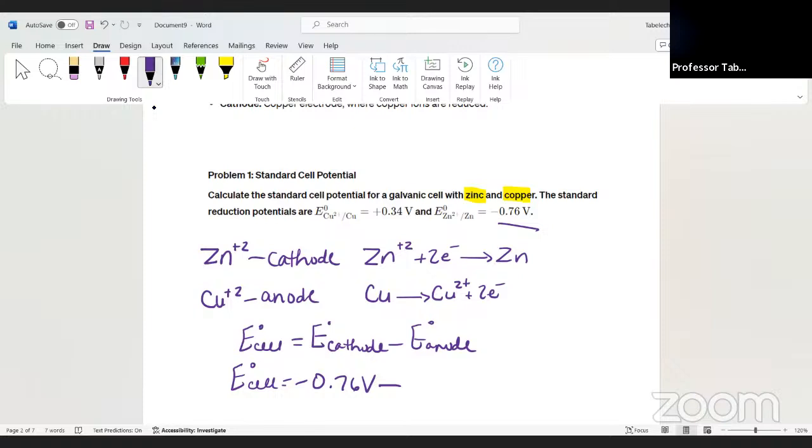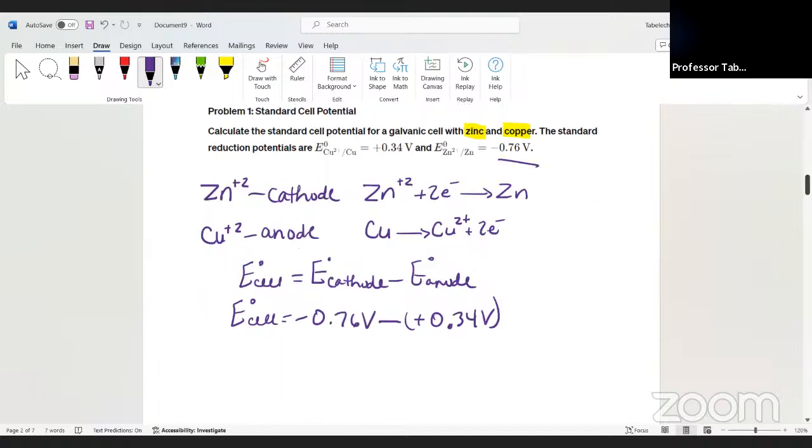Minus copper's charge, which is a positive 0.34 volts. So all you're going to do is basically say the E cell is equal to, and let's plug this in the calculator together so you all can see that.